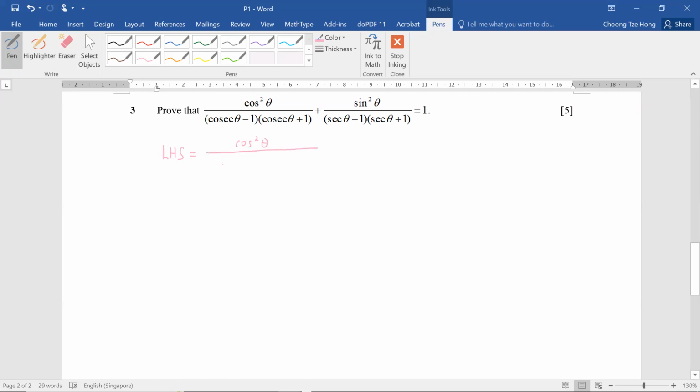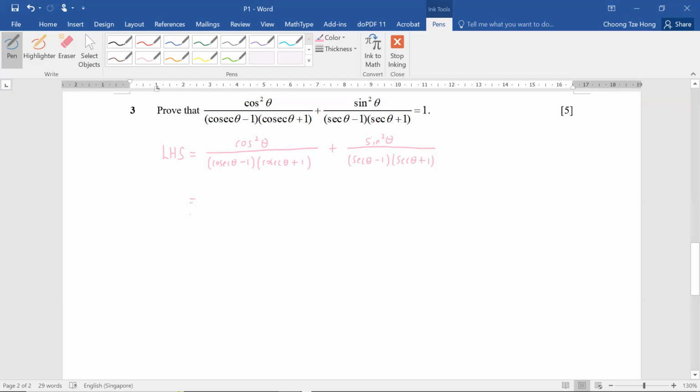So cosine square theta over cosecant theta minus 1, cosecant theta plus 1, plus sine square theta over secant theta minus 1, secant theta plus 1.